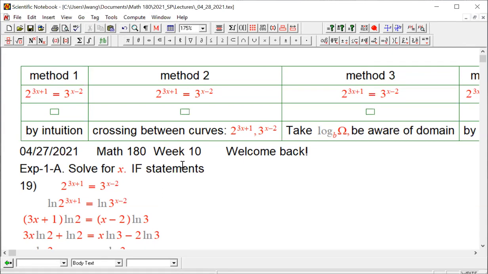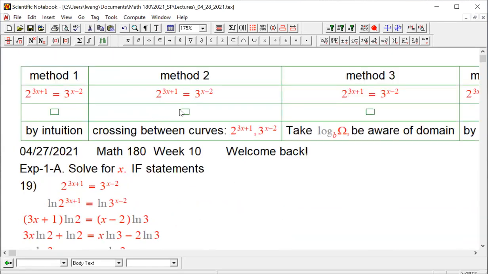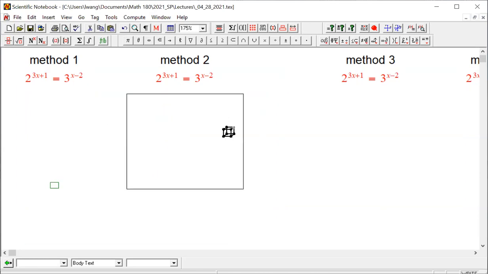I wouldn't know what you're going to need in the future, right? There will be situations, but all 4 methods should give you enough. So in this case, it's the crossing between these two curves. Does that make sense, you guys?